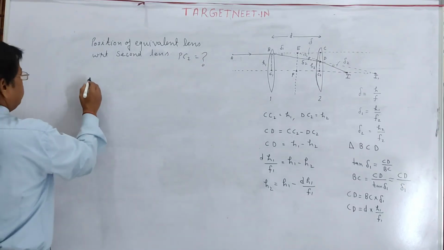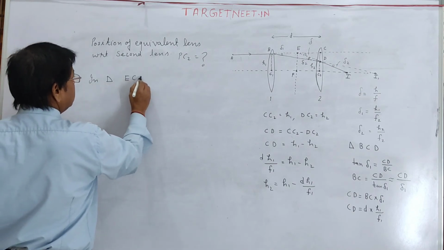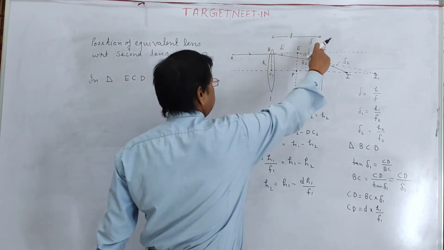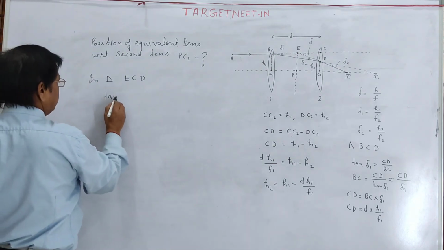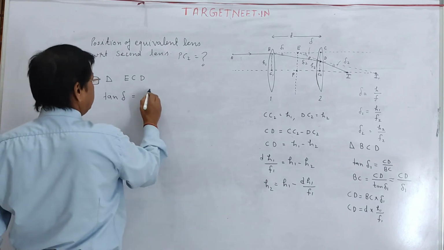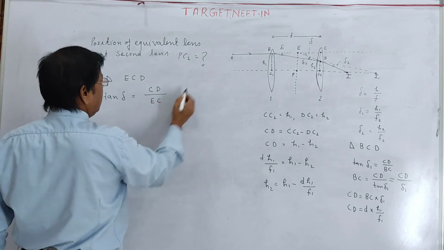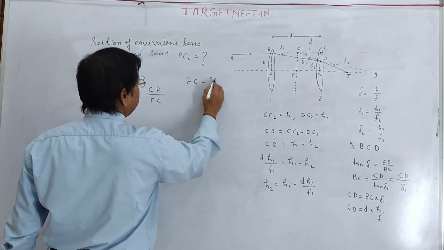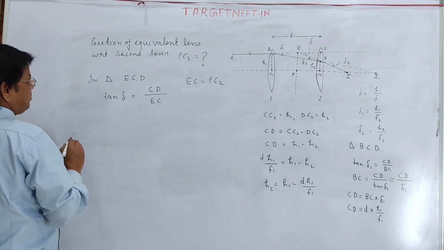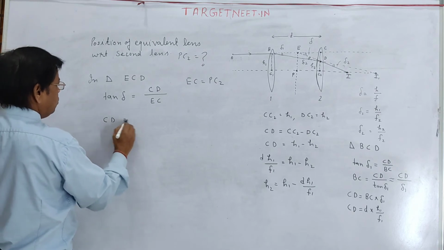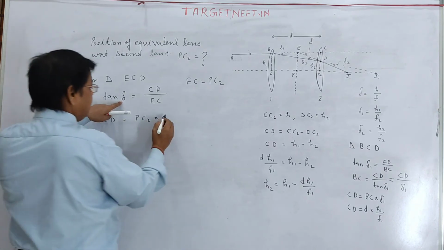So see, in triangle ECD, in this triangle, if I take tan delta, then it is perpendicular CD upon base EC, and you know EC is equal to PC2. So CD is equal to PC2 into tan delta. In place of tan delta we can write only delta.